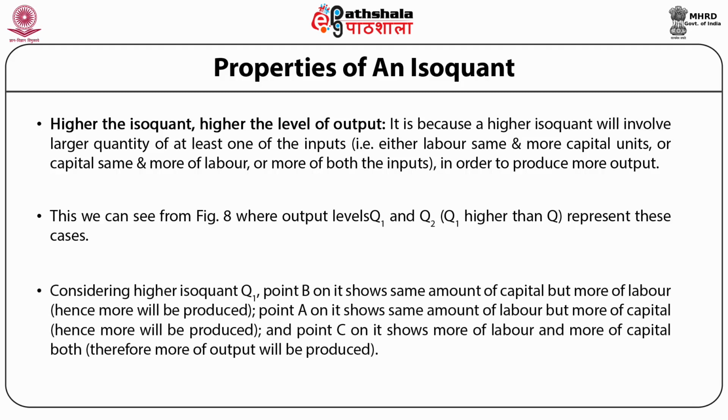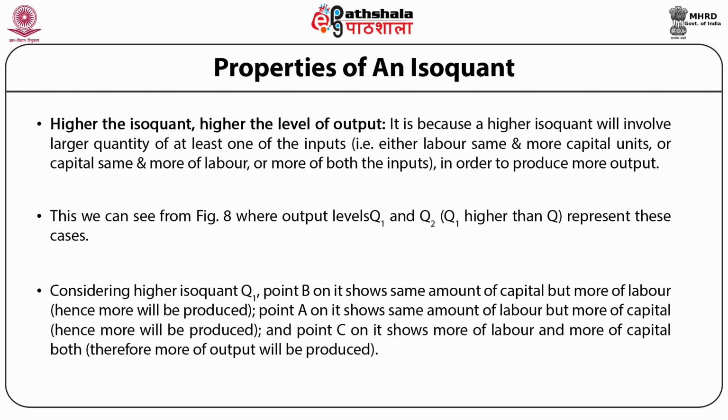Considering the higher isoquant Q1, point B on it shows the same amount of capital but more of labor. Hence, more will be produced. Point A on it shows the same amount of labor but more of capital, hence more will be produced.